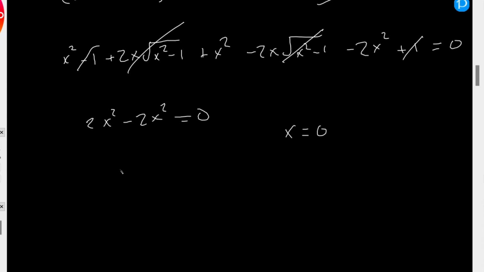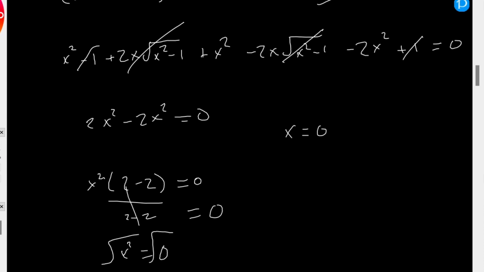You could also prove this by taking out x squared, then we have 2 minus 2, which equals 0, and x squared would be equal to 0. This makes sense, so x would have to be equal to 0.